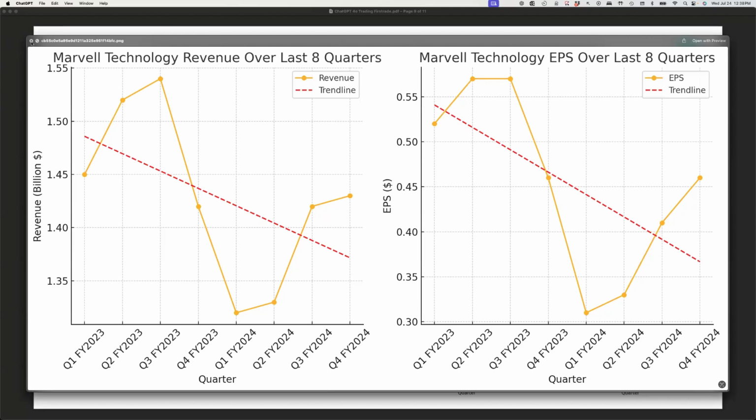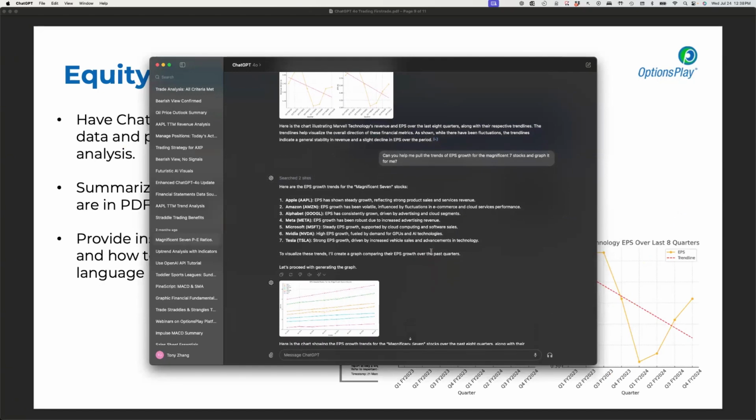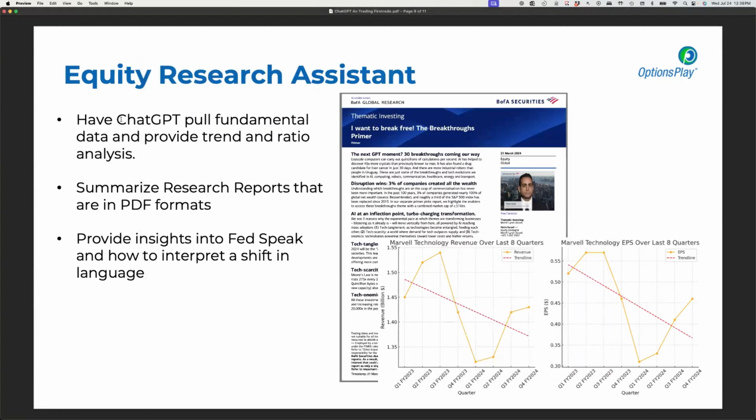So this is a stock that was relatively expensive, trading at a fairly rich valuation, and not expected to grow very fast. That's just an example of how you can have ChatGPT pull fundamental data and provide trend and ratio analysis so that you can hone in on which specific stocks might be worth paying attention to for your analysis.